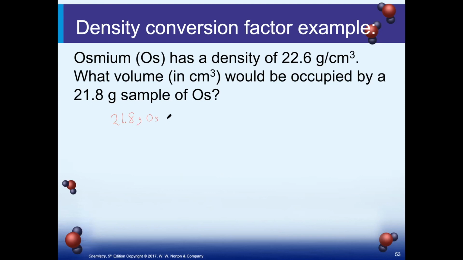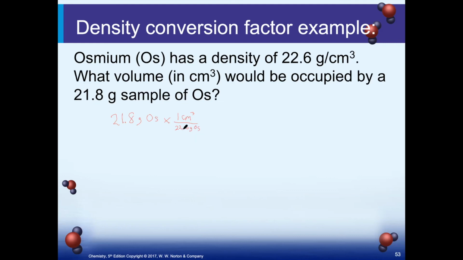So now I'm going to use that density as a conversion factor to get the grams of osmium to cancel and to end up with units of volume. So the density expressed as a conversion factor, where the volume is on top, is that there's 1 cubic centimeter of this osmium, there are 22.6 grams of osmium.